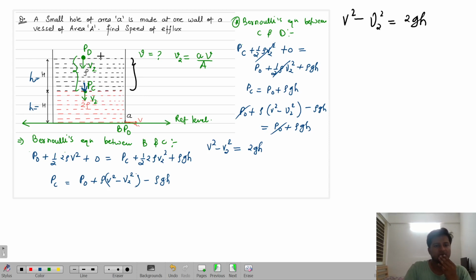If the liquid is arriving from here to there, it is traveling distance h with a constant velocity v2, isn't it? So what can be the velocity v2? Look over there, is there any term not given over here?